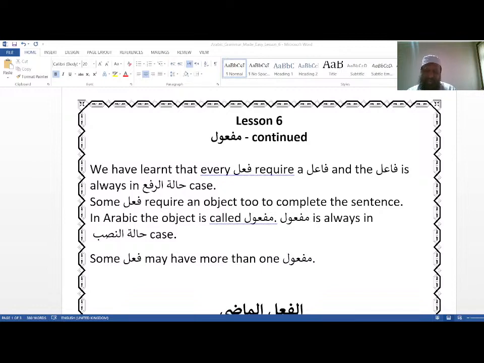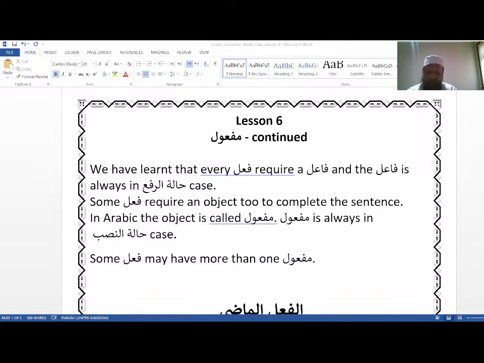Then we've learned a table or some vocabulary of verbs. In that group, we put the fail nasara on the top, and we call it the nasara group. In that group, we've learned many fails.